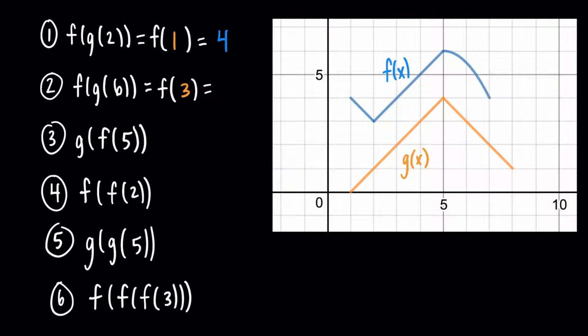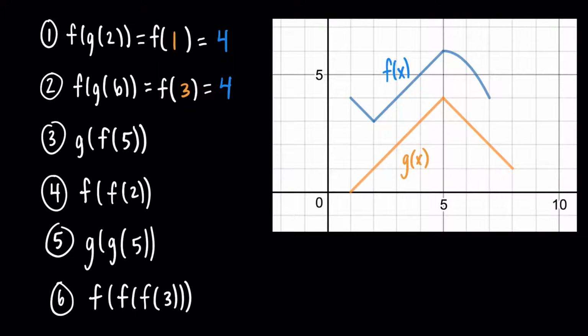And now the question becomes, what is f of 3? F of 3, well, if we go over to 3, we're now going to go up to the f function. Make sure you use the right function. This is the f function. So we're at 3. We're going to go up. And I'm going to say f of 3 happens to be 4. So that's interesting. F of g of 2 returned the exact same result as f of g of 6.